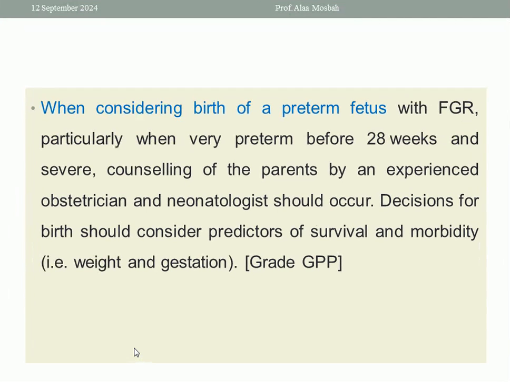When considering birth of a preterm fetus with fetal growth restriction, particularly when very preterm, before 28 weeks, and severe, counseling of parents by an experienced obstetrician and neonatologist should occur. The decision for birth should consider predictors of survival and morbidity.